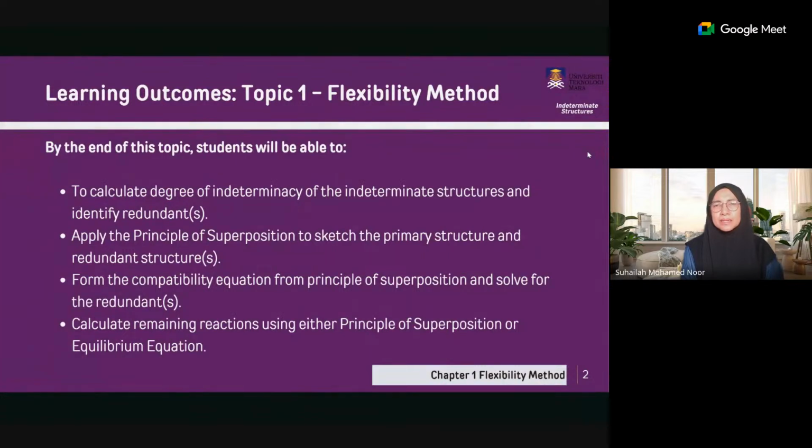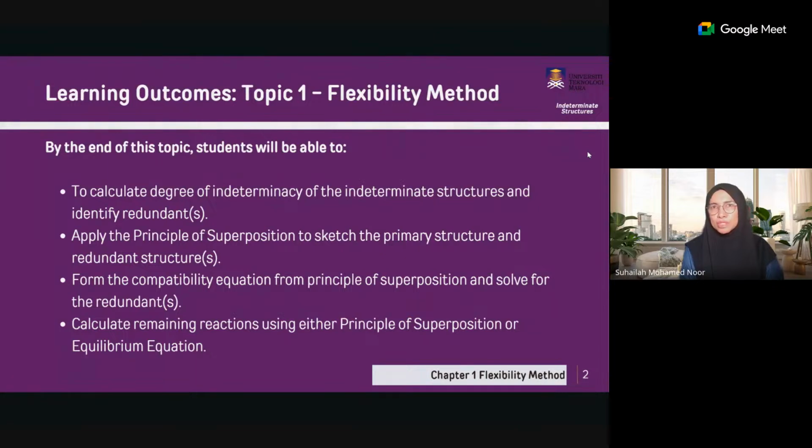So the problem is the redundant. Redundant is also reaction, but we have to solve the redundant first. We have to solve the redundant, and then only we can solve the remaining reaction, the 3 remaining reaction. So we will apply the principle of superposition.